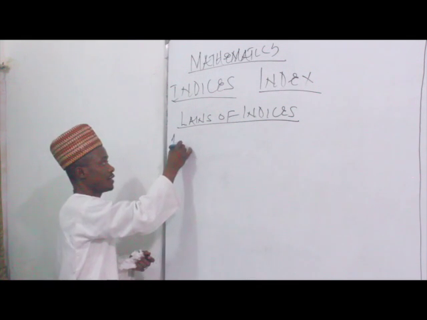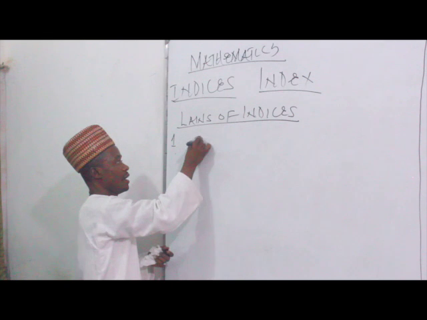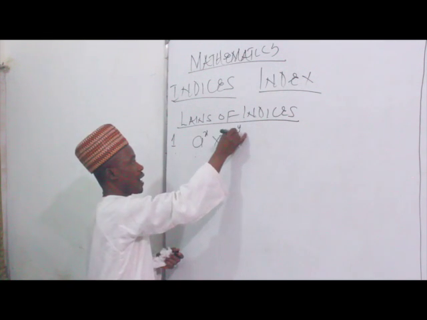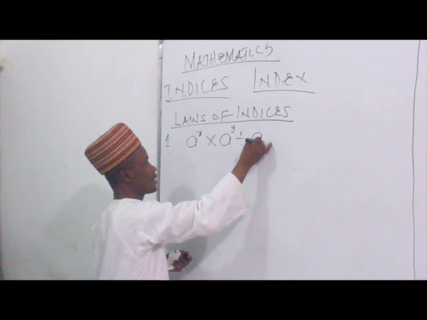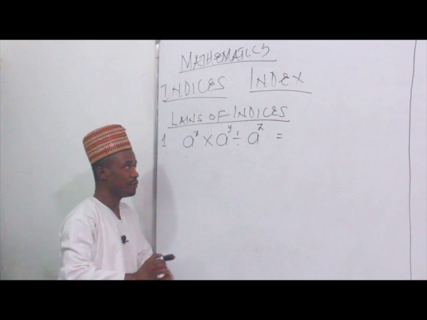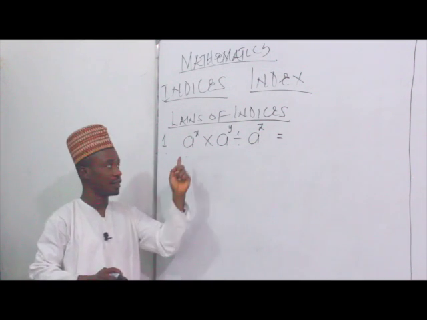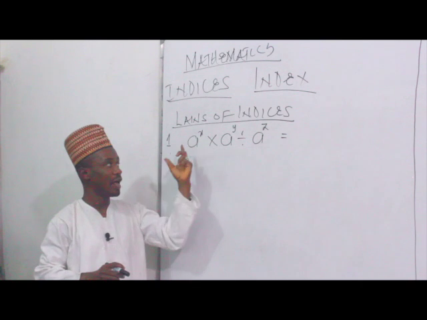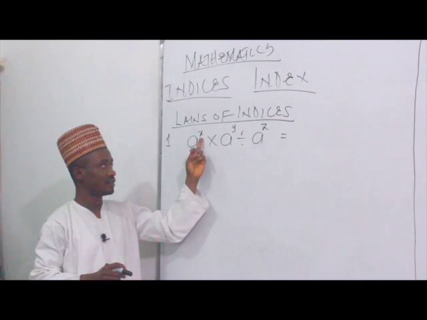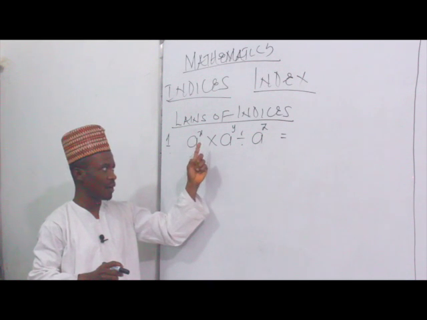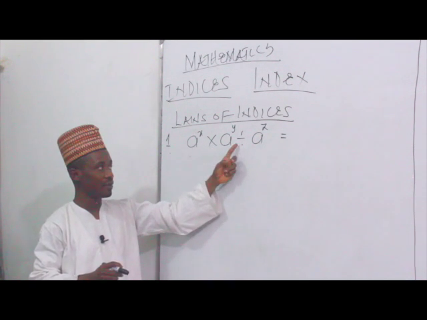The laws are as follows. The first law says, if you have a raised to the power of x times a raised to the power of y divided by a raised to the power of z, this will be the same thing as, the first thing we consider is the base. They are all the same, a, but the exponent varies: x, y, and z. Then the operators: here we have times, and here we have a division sign.